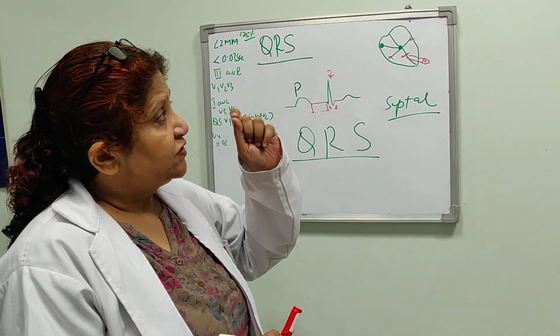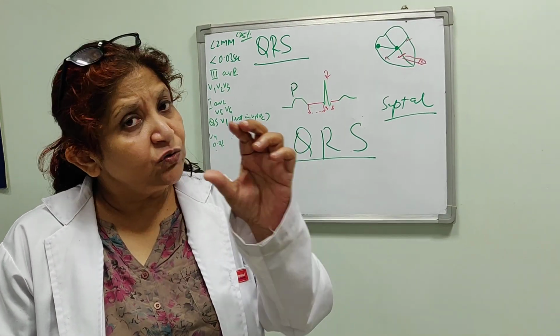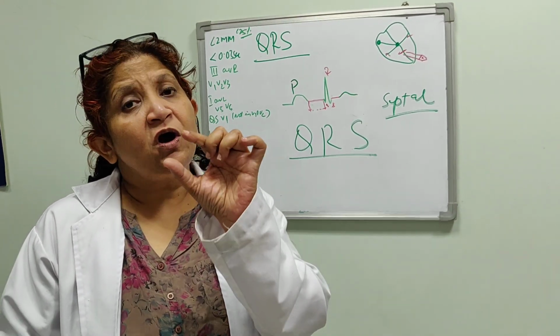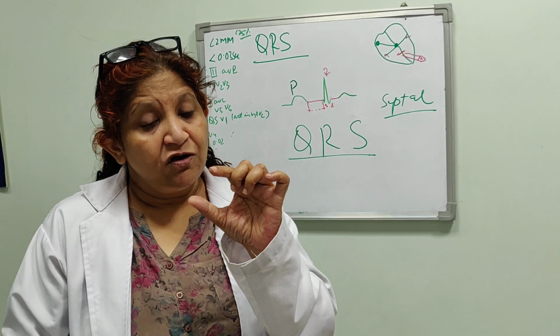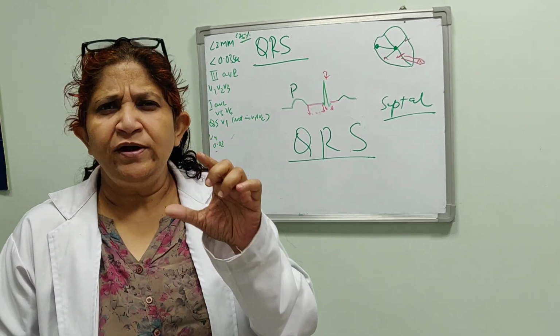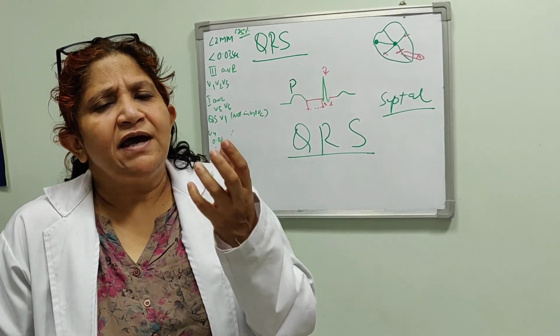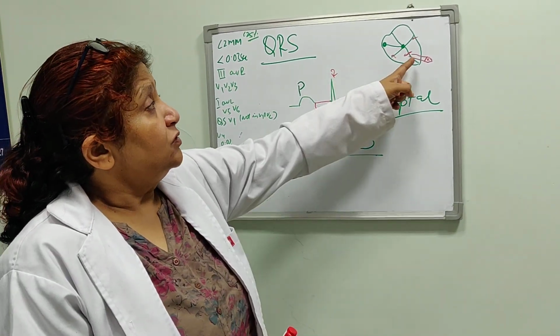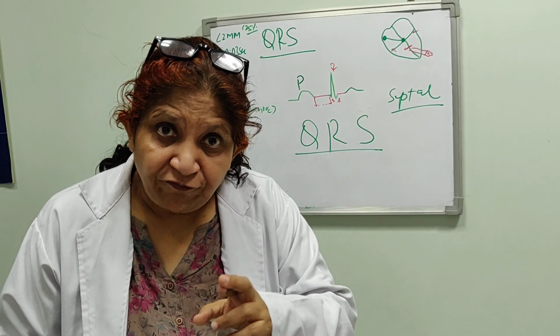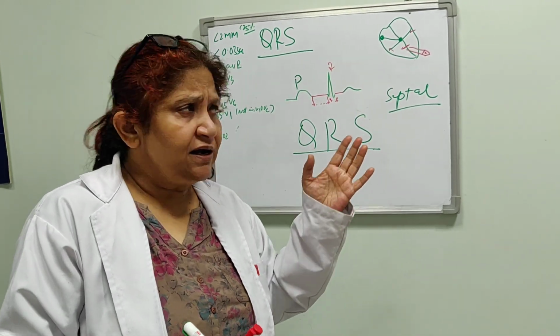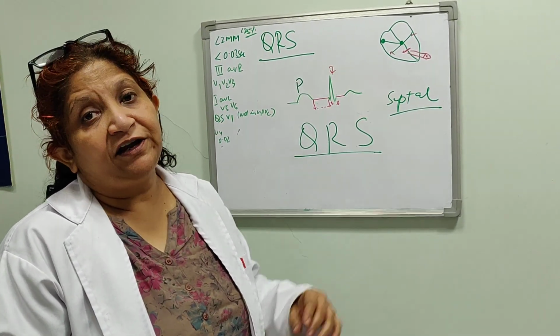Since it is only in the lower part, a very small chunk of muscle is remaining, so it is very low in amplitude. It is not a very strong vector. So this septal depolarization is from left to right, and a little bit towards the anterior leads.